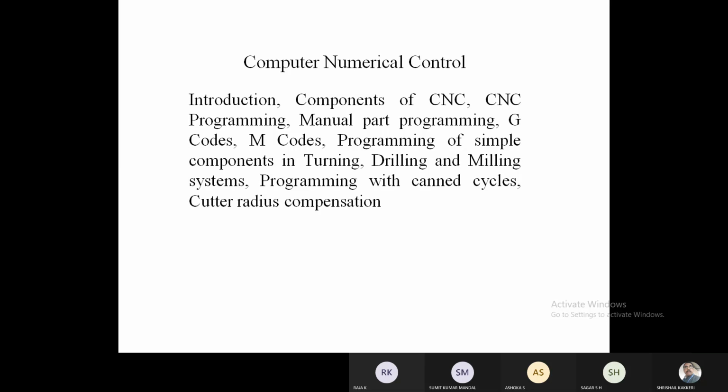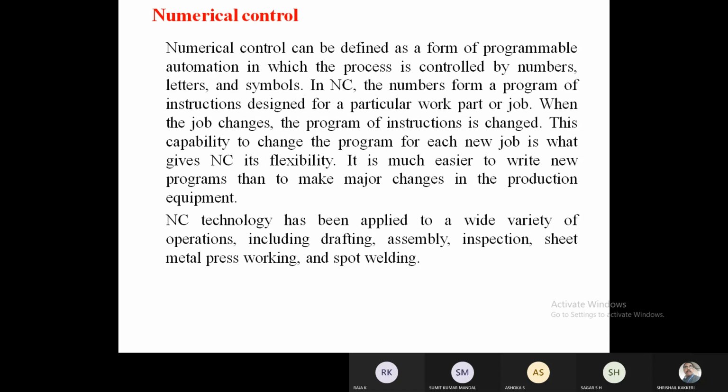Under this, we will be studying introduction to numerical control machines, the basic components of a CNC machine, and CNC part programming. To do this programming, we need the G codes and M codes. We have to remember them. We are working on simple components of turning, drilling, milling, gang milling, can cycle, cutter radius compensation, and tool length compensation. It is not given here, but we will be studying it.